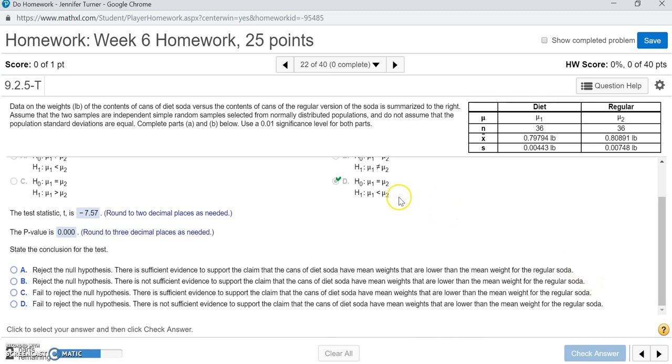But we did support it. Remember our alternative hypothesis was that this was the claim, that the diet soda had a mean weight less than the regular soda. Since we rejected the null hypothesis, we supported the second statement, which was our claim. So this is going to be letter A.